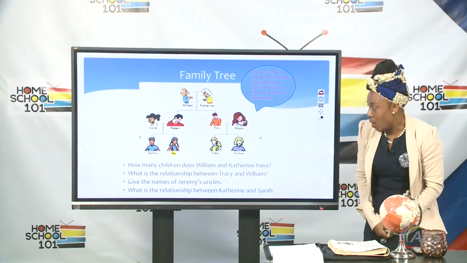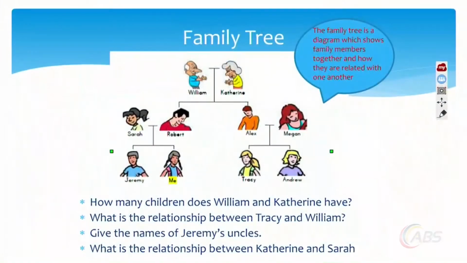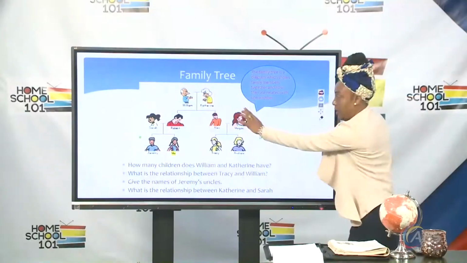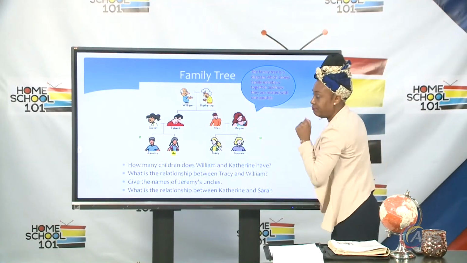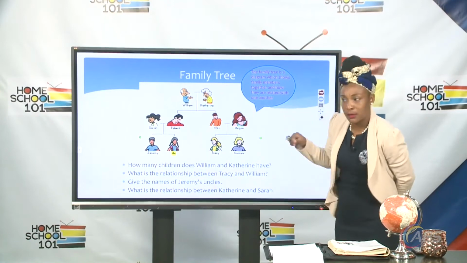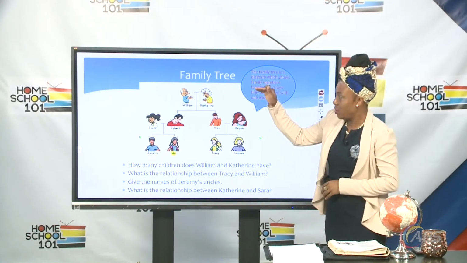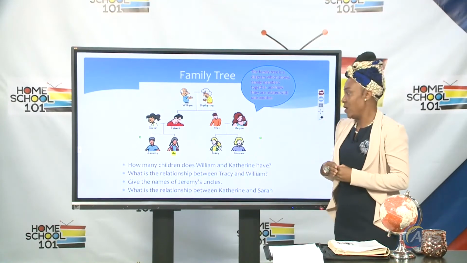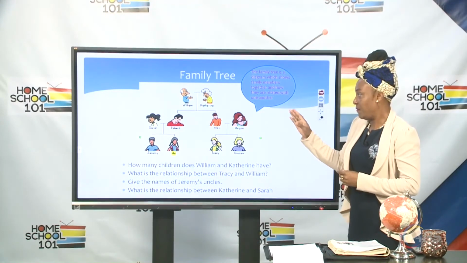Now, what is the relationship between Tracy and William? You look for Tracy. This is Tracy, and this is William. Alex is here, and we already established that Alex belongs to William, and Tracy belongs to Alex. So, in your household, you have your grandfather, then you have your father, your father's father.